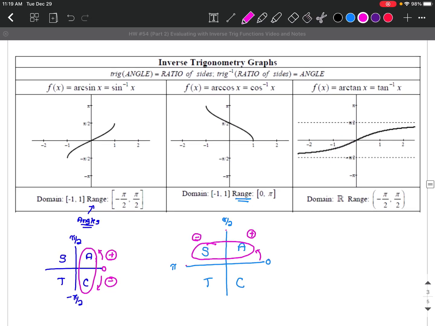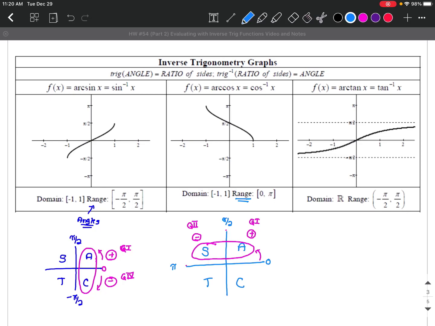So if we're looking at a negative value, we want to be in the second quadrant. Whereas if it's a positive value, we're in the first quadrant. When it was sine, a positive value kept us in the first quadrant, but a negative value put us in the fourth quadrant. So that's where the difference is.